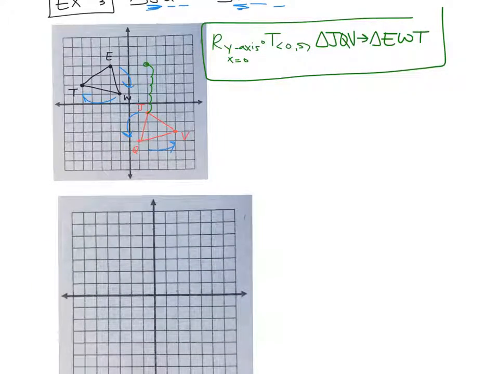Okay, so for this one, you have triangle NAW. So N is at 0, 1. A is at 3, 2. W is at 1, negative 2.